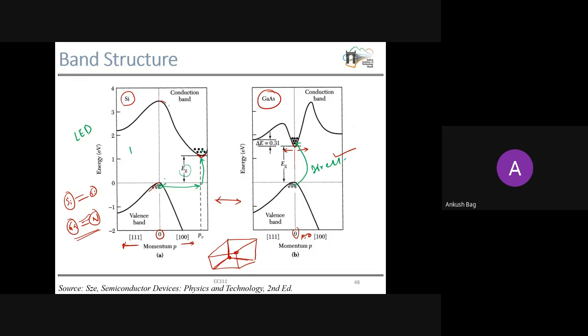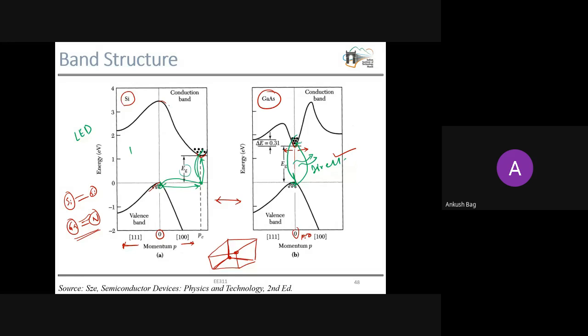Because in the case of an LED, what is happening is that electrons are jumping down from the conduction band to the valence band. In silicon, you need a change in the energy as well as a change in the momentum. But in gallium arsenide, if you make your LED out of gallium arsenide, directly when your electron jumps down from the conduction band to the valence band, it will emit light.